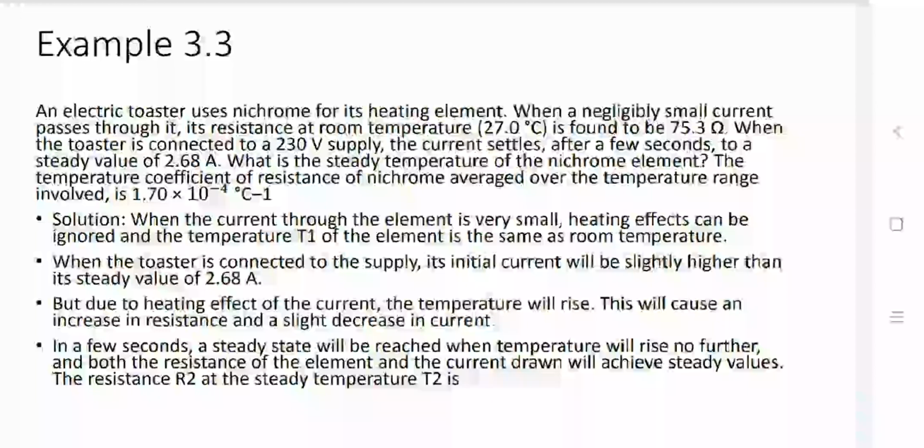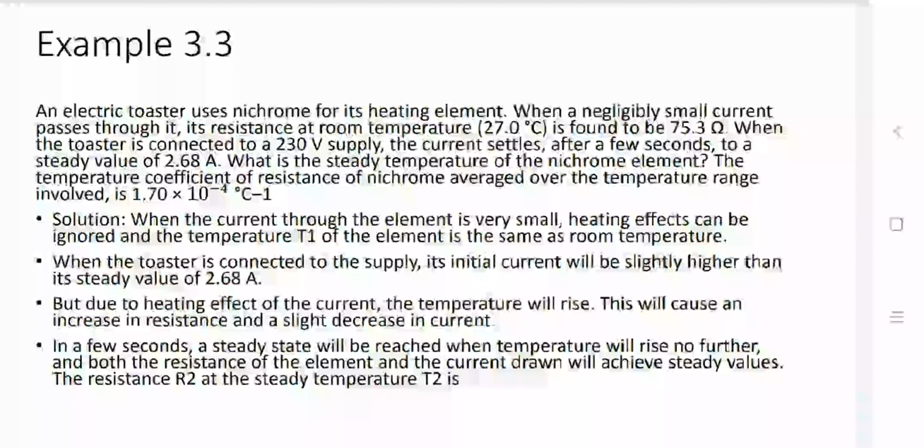This will cause an increase in resistance and a decrease in the current. As the temperature increases, resistance increases, so the current reduces by a small amount. But after a few seconds, a steady state will be reached when the temperature will rise no further.